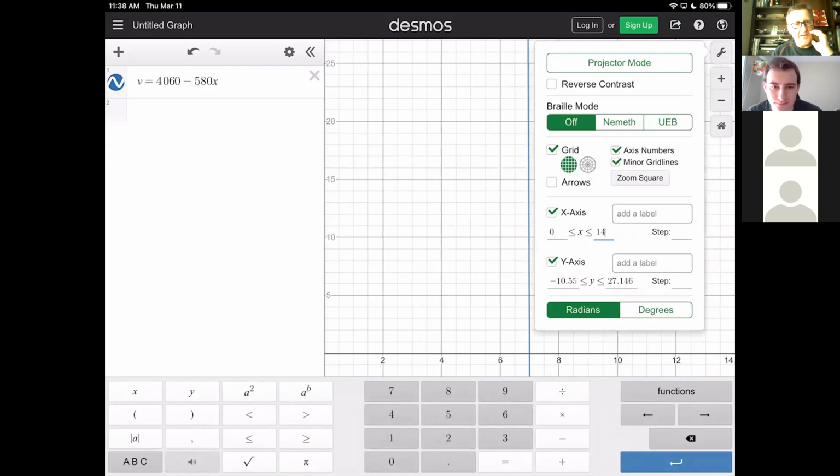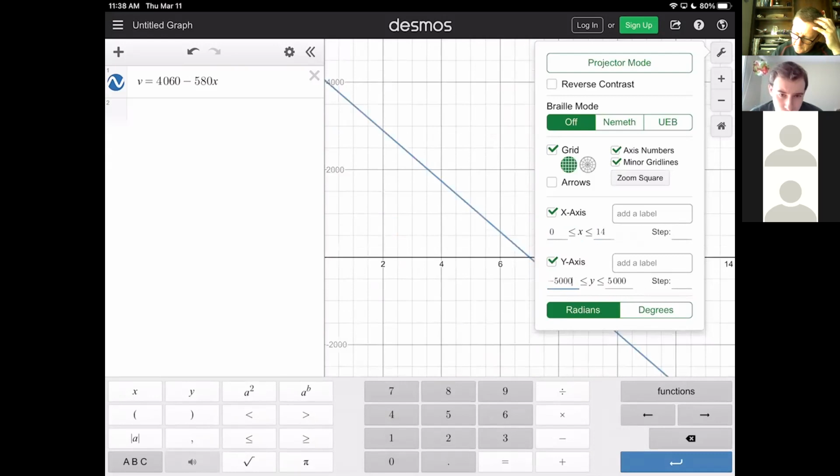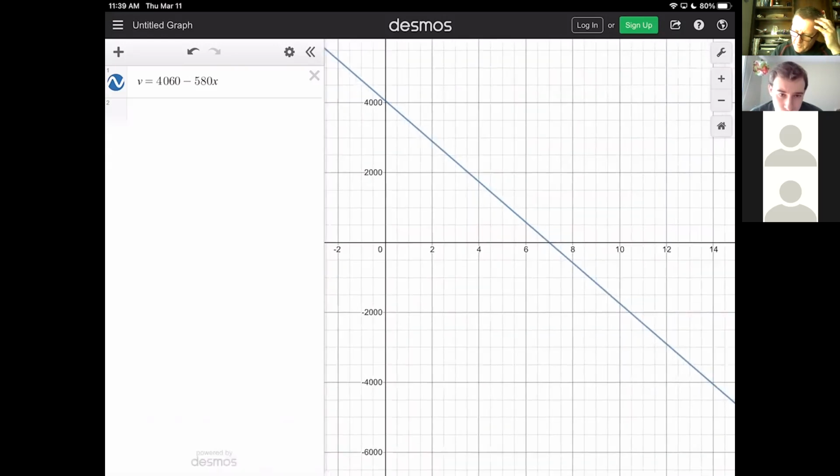That will help because that's all the longer the beam actually is. And then the y-intercept up there is at 4,060. So I need the y max to go much higher. So I'll say 5,000. And I'll just make the negative value, negative 5,000 as well. There, that's a much better drawing.